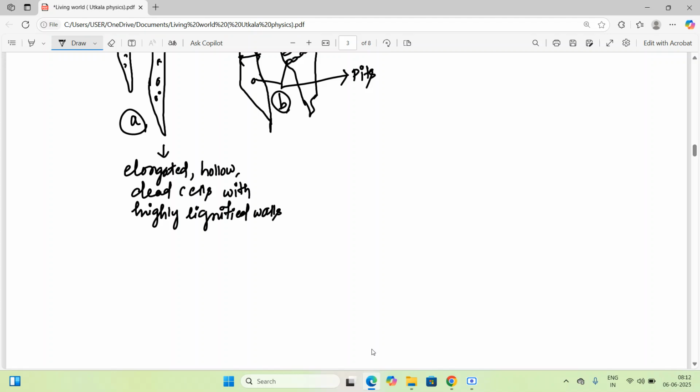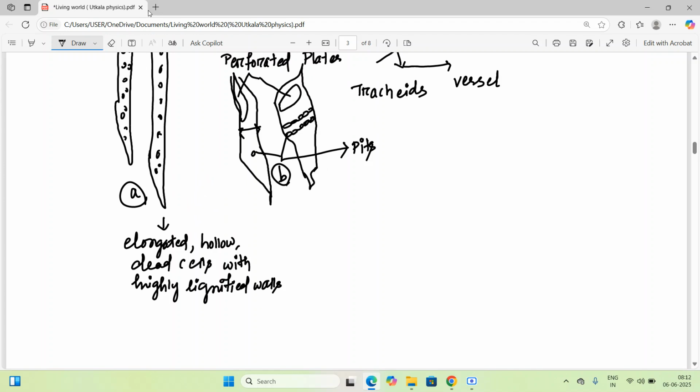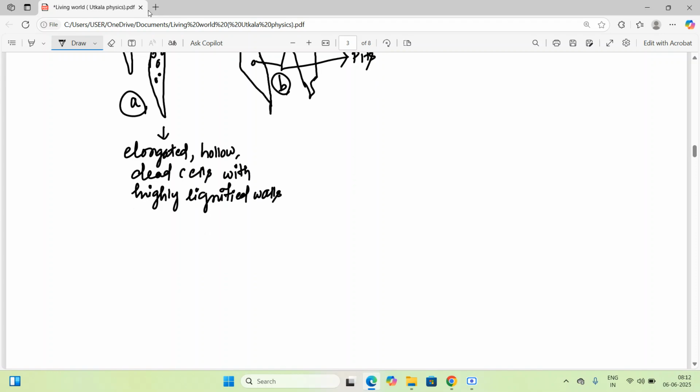The walls contain numerous pits. These are the pits. Got it?